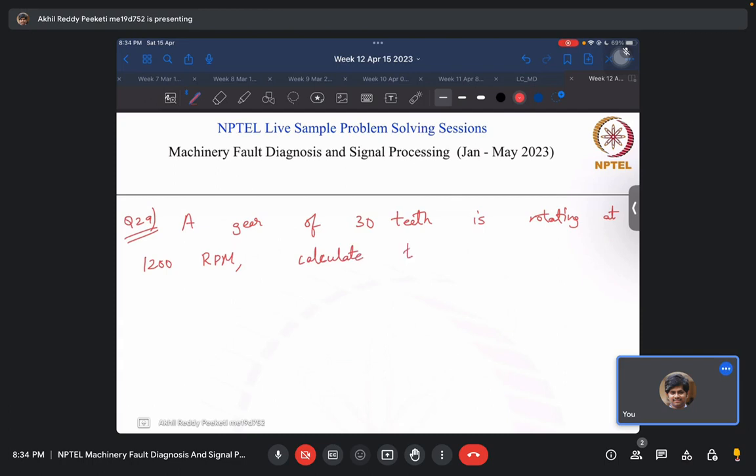Calculate the gear mesh frequency. The options are A. 20 Hz, B. 40 Hz, C. 600 Hz, D. 300 Hz.